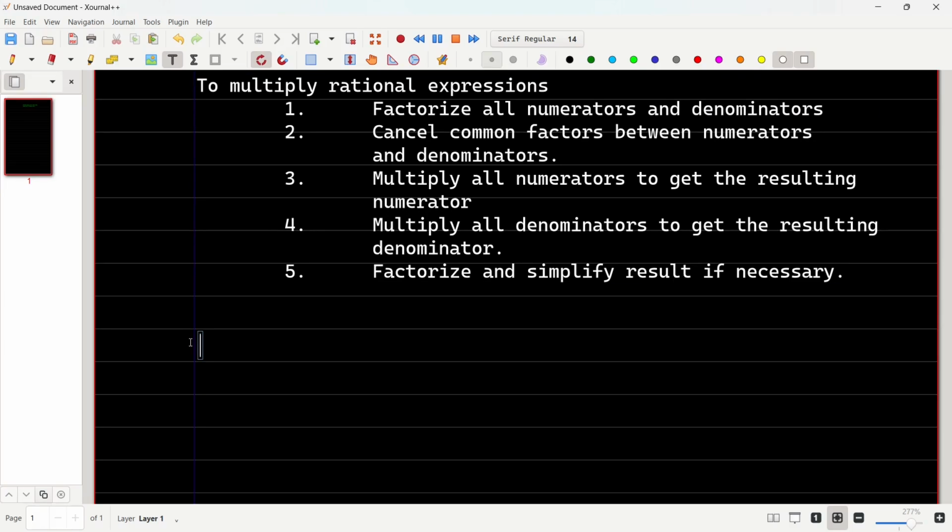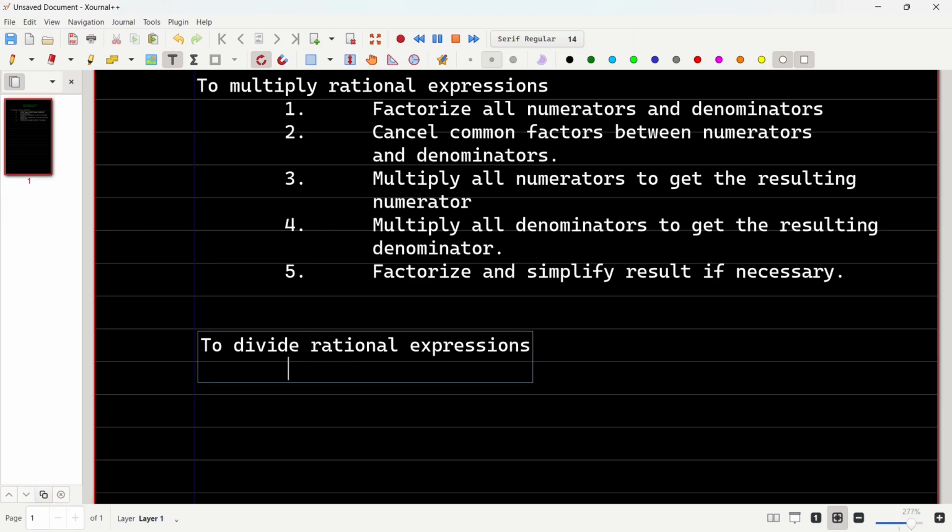So let's say to divide rational expressions, what we're going to do is rewrite as a multiplication problem.